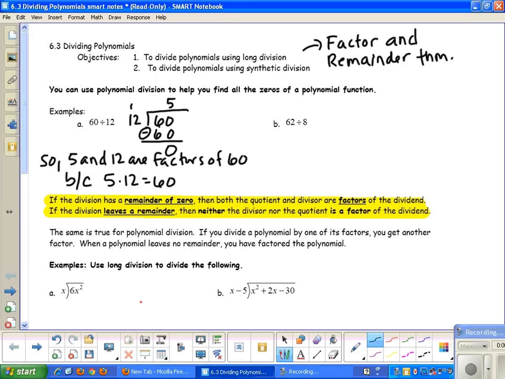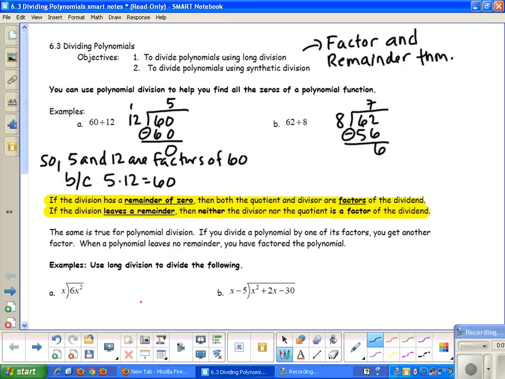So for the next one, same thing, we want to do 62 divided by 8. I want to see how many times 8 goes into 62. Well, I know 8 times 7 is 56, and 8 times 8 would be 64, so it has to be 7, because 64 would be too much. So 56, and then subtract. This gives me 6 for my remainder.